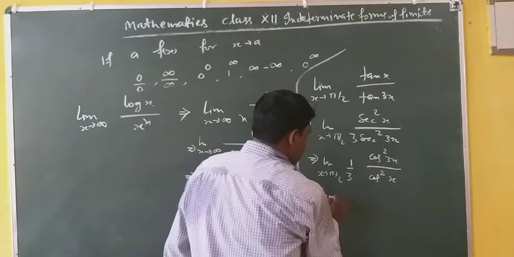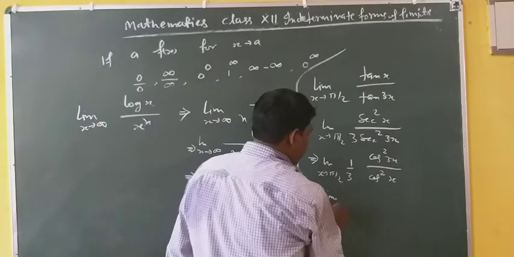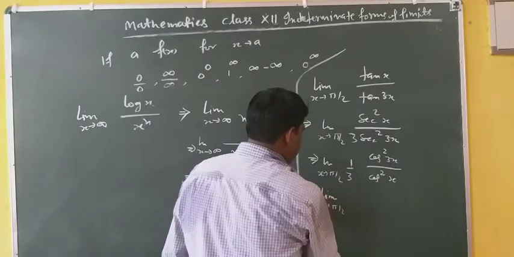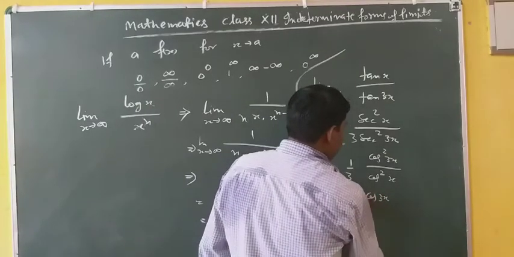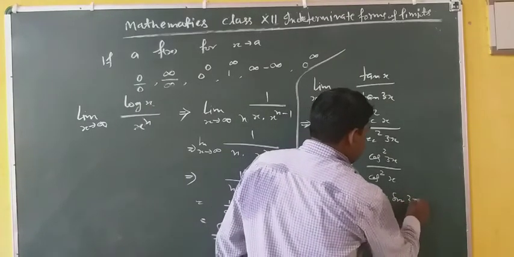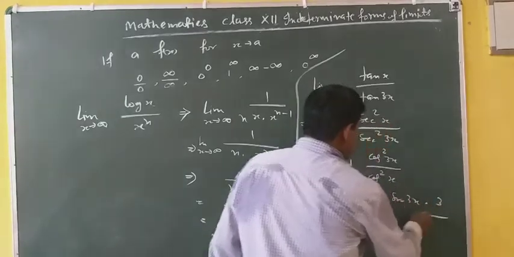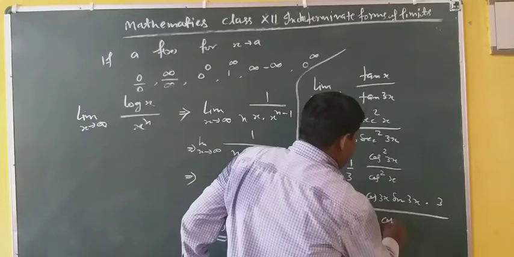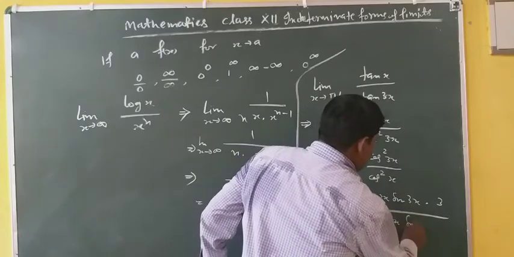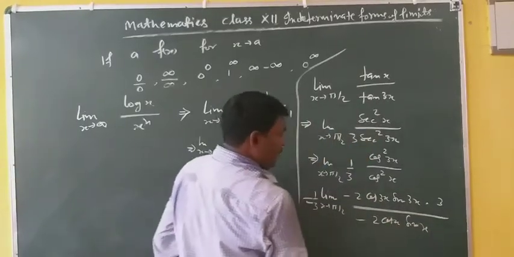So limit x tends to pi by 2. 1 by 3 is outside. Here 2 cos 3x into minus sin 3x into 3 divided by 2 cos x into sin x. Okay.